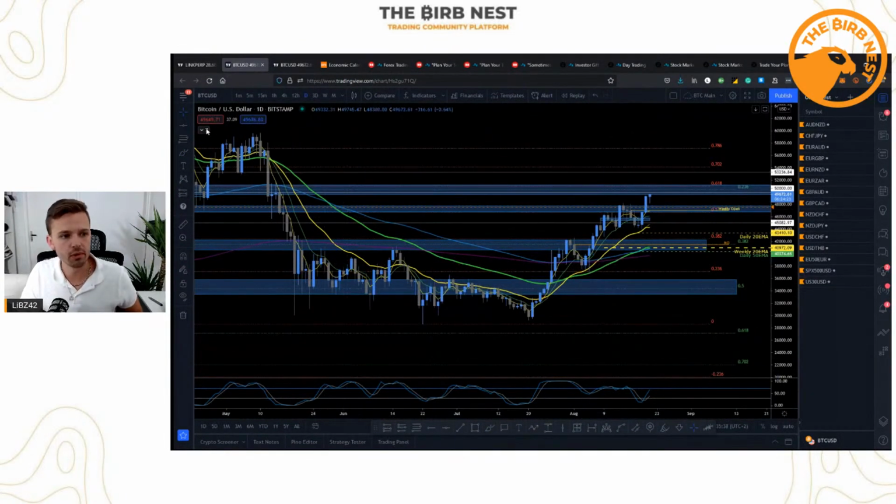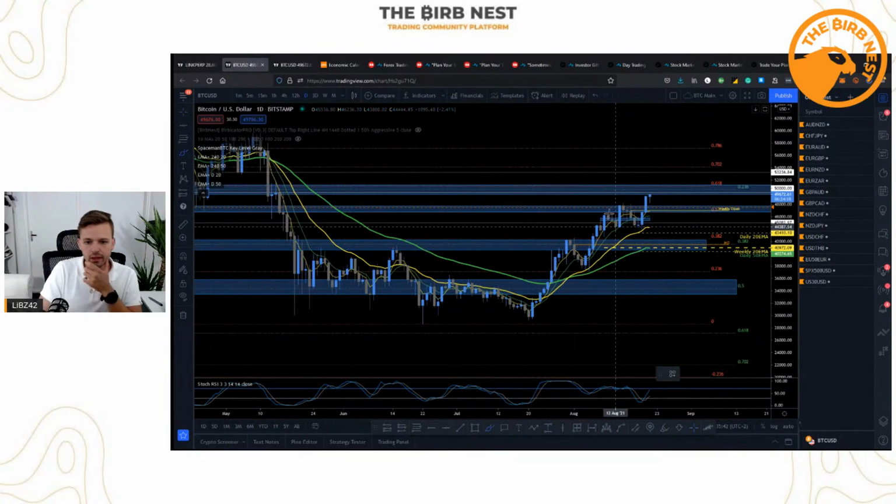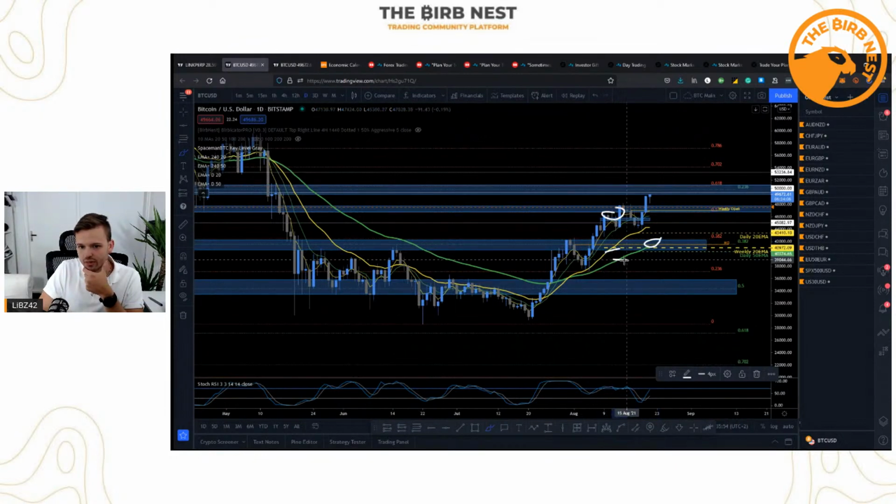You guys probably remember when Bitcoin was trading up here, and we were talking about a potential drop down to the area around 40 and 42K right here, when the daily 20 EMA was here and the daily 50 was here.